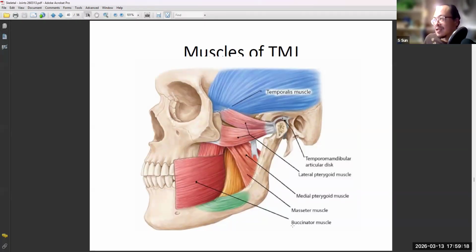This muscle is called the buccinator muscle. It allows you to, like when you play the trumpet, woo, woo, woo, like that. The buccinator muscle works on that. It's also shown here, but that's not directly controlling the jaw movement.